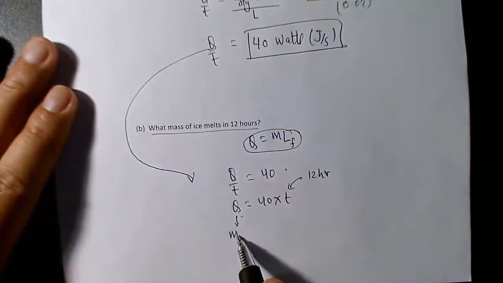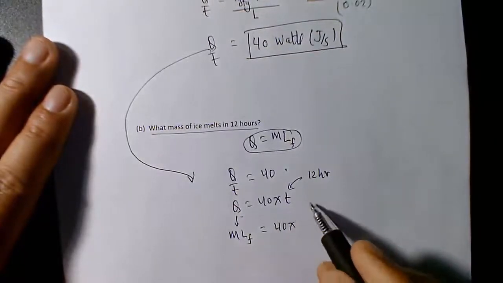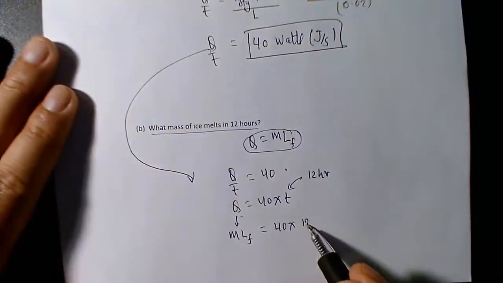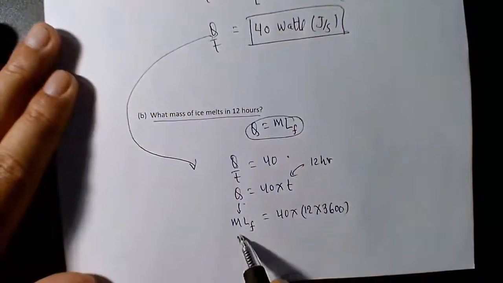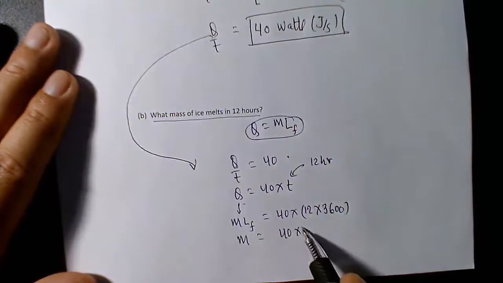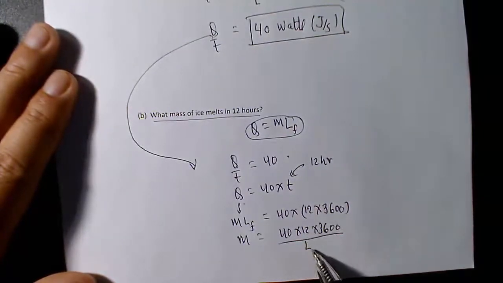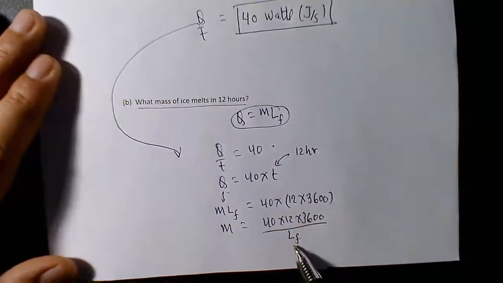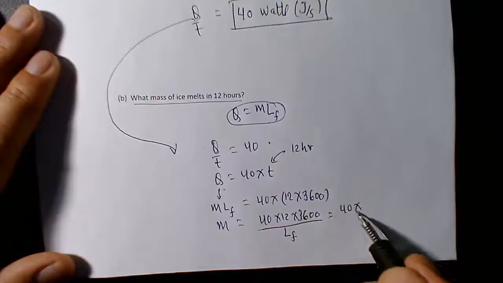Q is m times L, and it's 40 times T, where T is 12 hours. You must convert 12 hours into seconds, and then solve for m. m is 40 times 12 times 3600 divided by L of F. L of F is the latent heat of transformation for fusion of ice, and that's from the table.